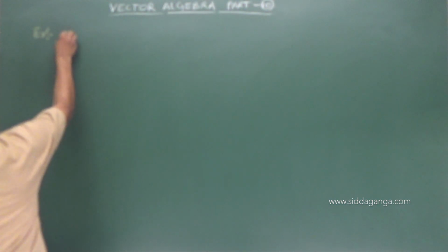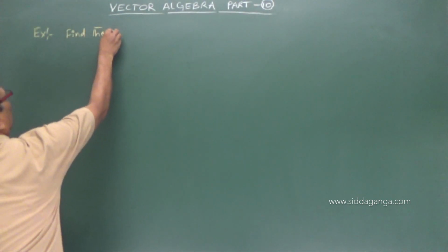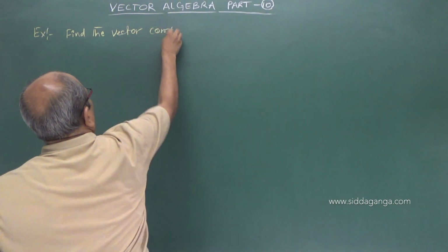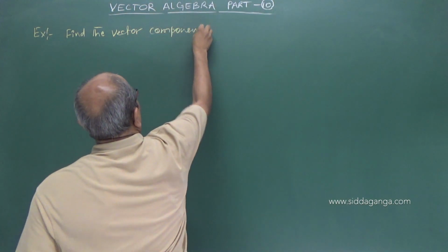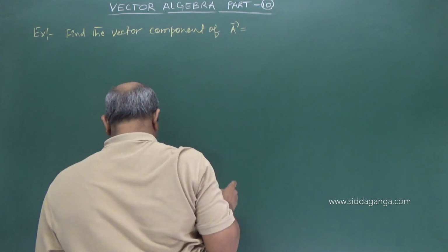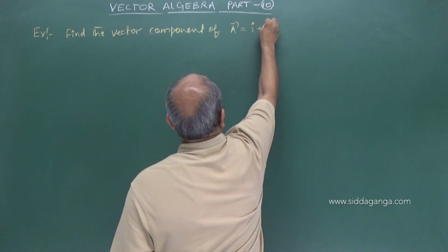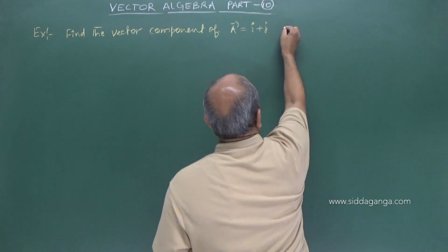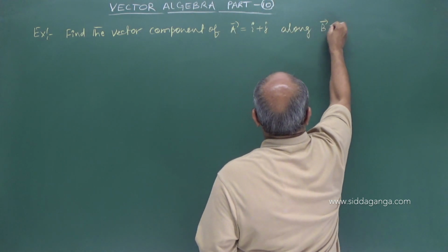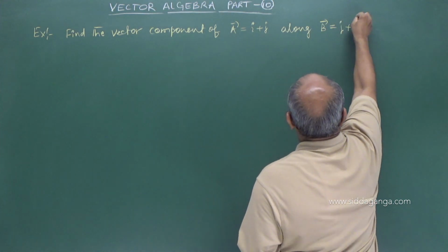Find the vector component of A equal to i plus j along B equal to j plus k.